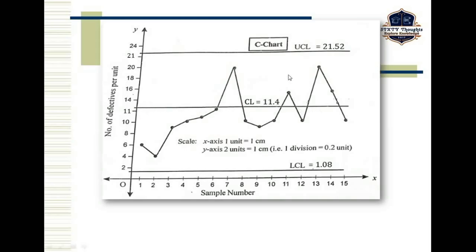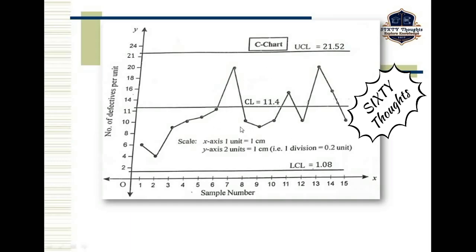Next I draw the upper control limit line, whose value is 21.52, in between 21 and 24. Next we draw the lower control limit line, whose value is 1.08, in between 0 and 2. These three lines are the central line, upper control limit and lower control limit.